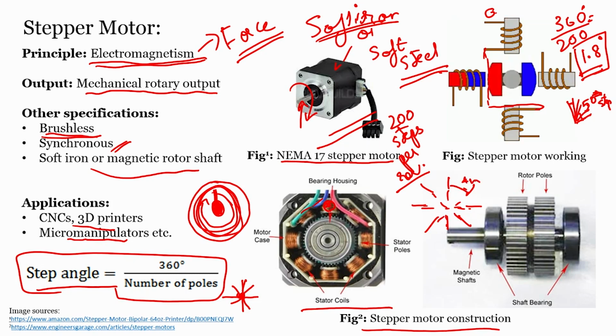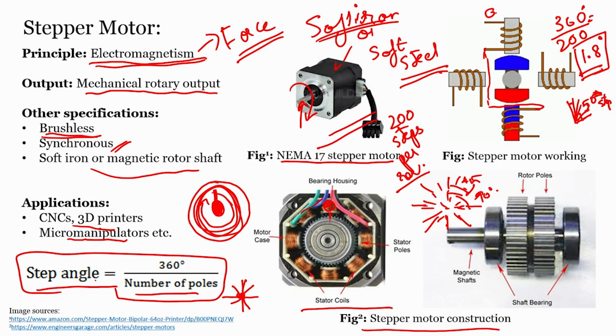Here I can get a 45-degree step, while in the previous case we can only get a 90-degree step. If I increase the number of poles, we will be able to get more steps and reduce the step angle. The step angle can be reduced if we increase the number of poles.